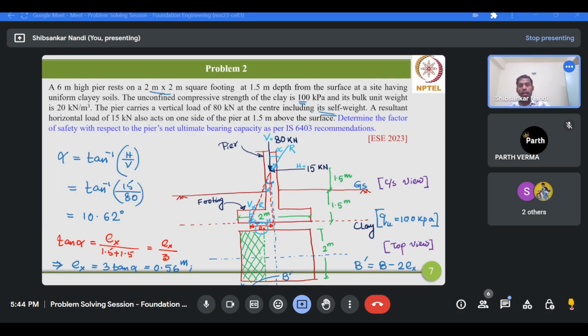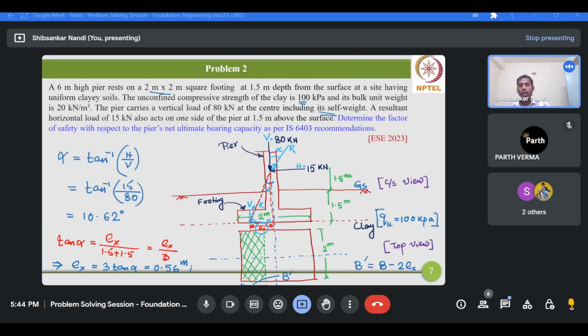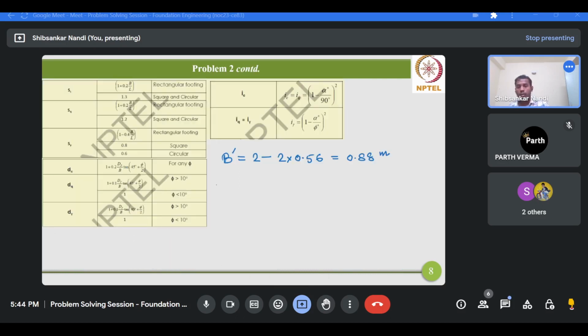We have to be very careful about the calculation of these factors, because we are considering the IS 6403 recommendations, and the soil is uniform clay soil with an unconfined compressive strength of 100 kPa. Therefore, the phi value of this soil is 0. And what is the undrained cohesion value? Undrained cohesion will be half times the unconfined compressive strength of the clay, that means 100 by 2, 50.